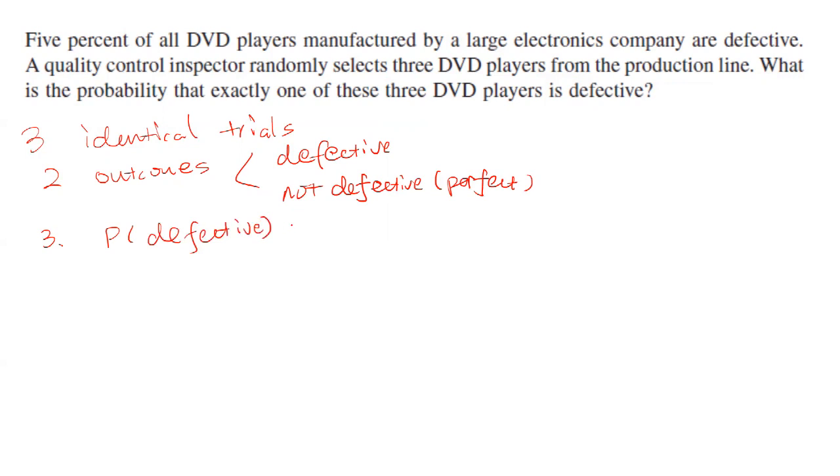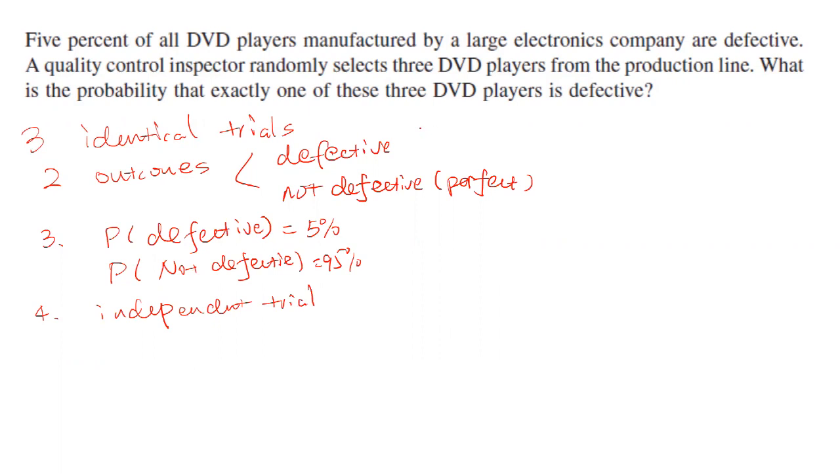The probability of defective is always 5% because it comes from the same production line. And it means the probability of not being defective is always 95%, right? And they are independent trials. They do not affect each other. So this is a binomial experiment.